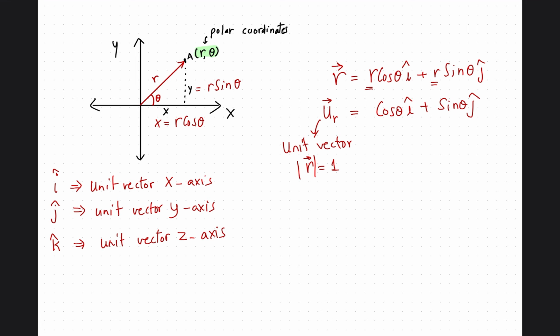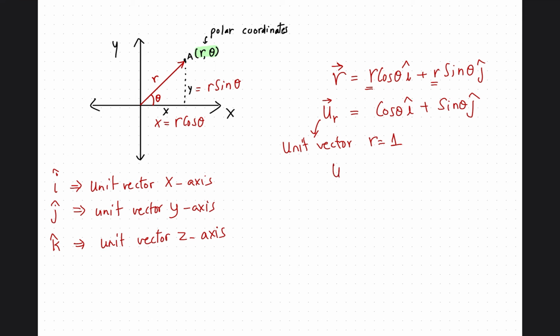I have to replace R with 1. So let's not write it like this. One minute, let me just rub this out. Instead, because I want the unit vector in the direction of R, I'm going to put R as 1. And then I will get UR as cosine theta I cap plus sine theta j cap.